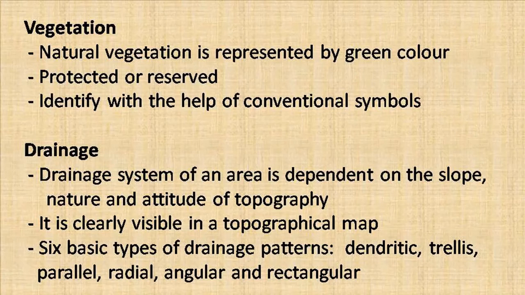So this relation is clearly visible in a topographical map. With the help of our understanding of topographical maps, we can identify different types of drainage patterns. The different types of drainage patterns are dendritic, trellis, parallel, radial, angular, and rectangular. These drainage patterns also indicate the geology of the area.